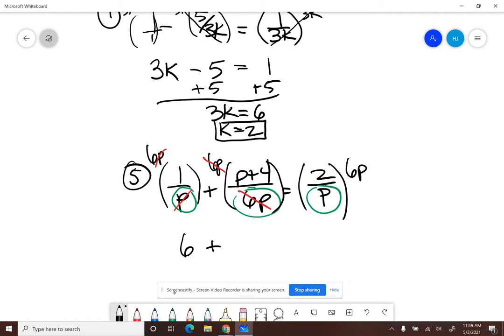So the only thing I'm going to be left with is p plus 4. And then over here, again, the p's are going to go away, but the 6 is going to remain. So 6 times 1/2, or 2, equals 12. So I've got some like terms here, 6 and positive 4. So I've really got p plus 10 equals 12.